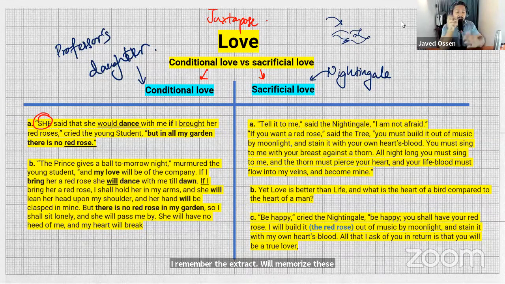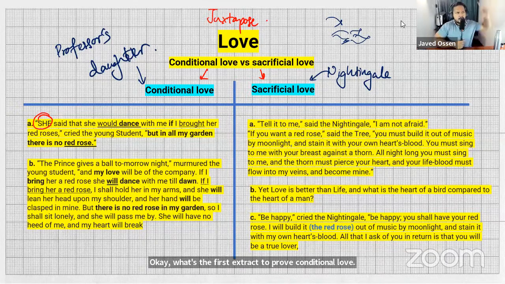Okay, what's the first extract to prove conditional love? The young student, who is another protagonist in The Nightingale and the Rose. What does he say? "She said that she would dance with me if I brought her red roses." Who is she? She is the professor's daughter. That's a condition, right? For example, I tell you that if you give me 2 apples, I'll give you 2 bananas. That's a condition, right?